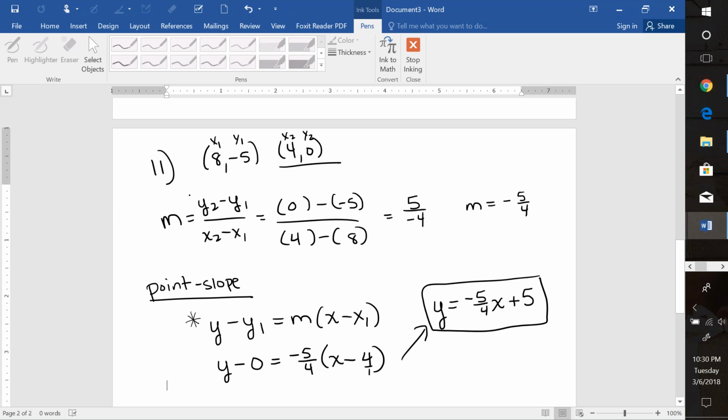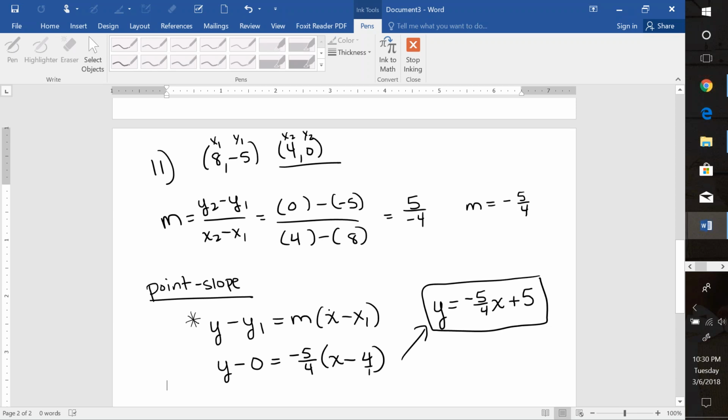A lot of people don't realize that this formula that most people know is exactly this formula. Instead of calling this y2 and x2, they've just called it an arbitrary y and an arbitrary x, which means it's a variable.